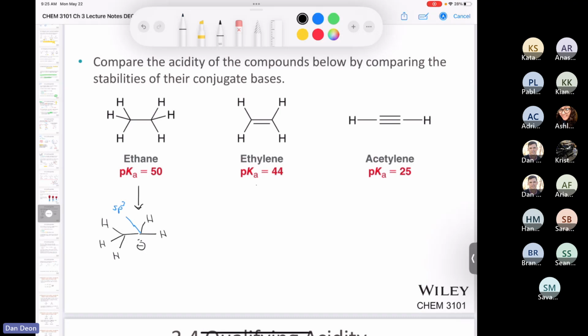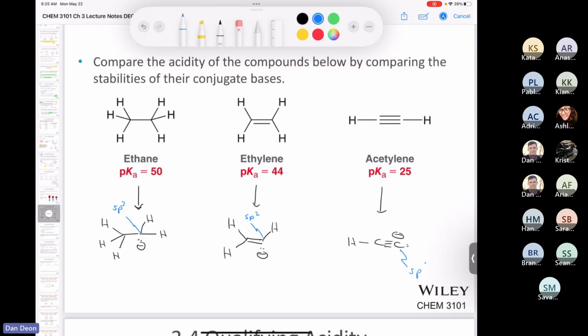If we draw the conjugate base of ethylene, we would have the negative charge on an sp2 hybridized carbon. And if we draw the conjugate base of acetylene, then we have a negative charge on an sp hybridized carbon. All right, this is sp hybridized.